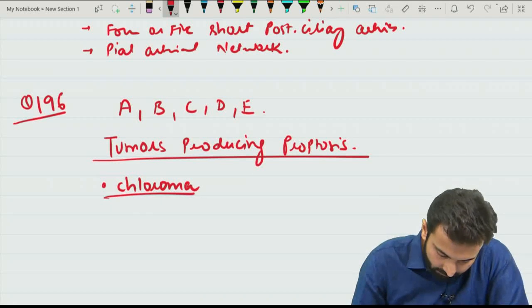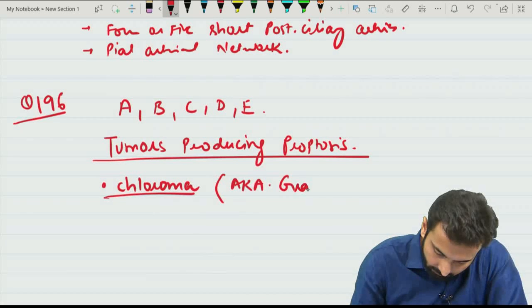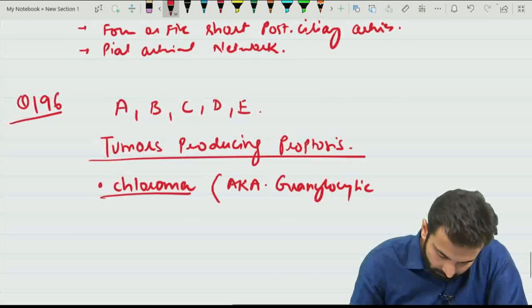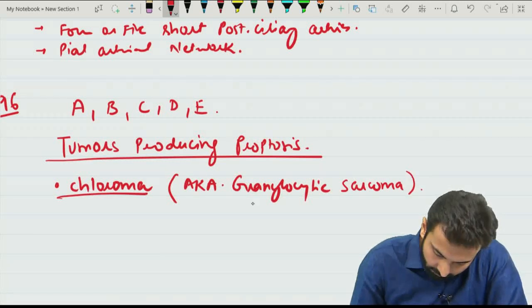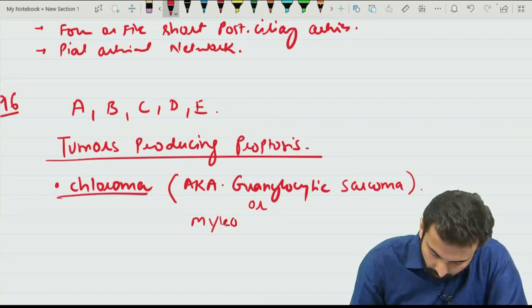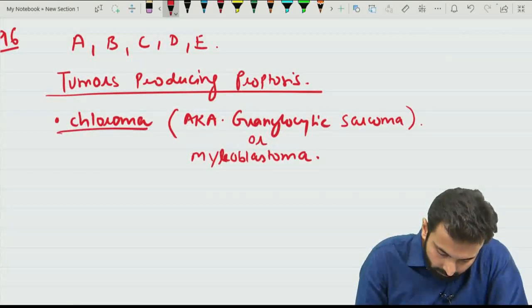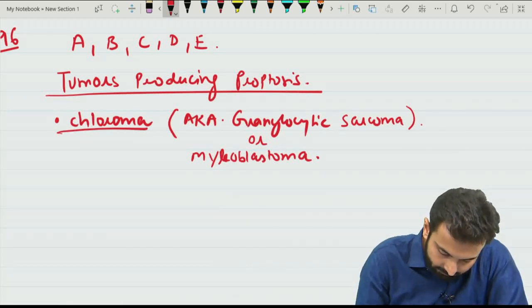Chloromas are also known as granulocytic sarcomas, or myeloblastoma.